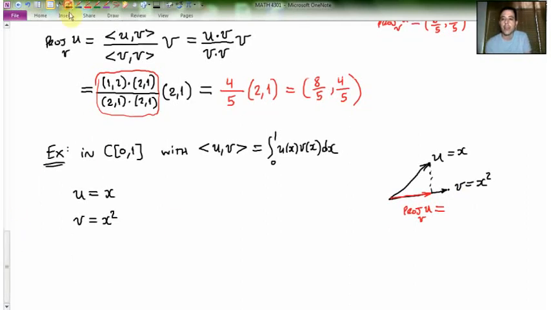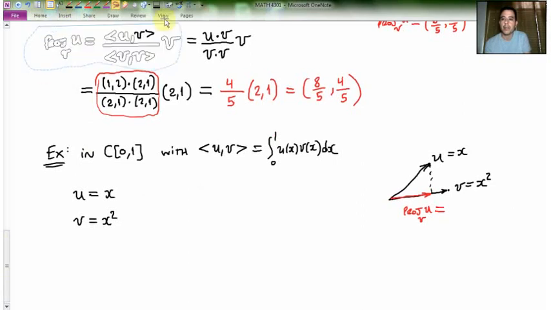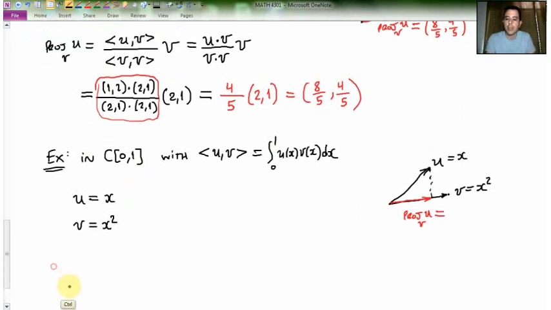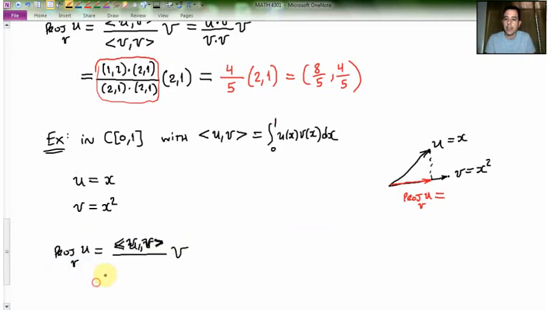Okay, let's find the projection now. So let me copy this, put that in here, so I can save some time. Oops, it didn't work. That's okay. So that's the formula for projection. Now on the top here, the inner product, that's the integral from 0 to 1 of x, that's what u is, times x squared dx.